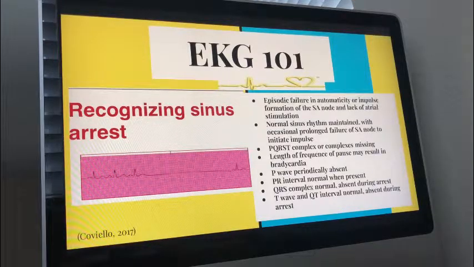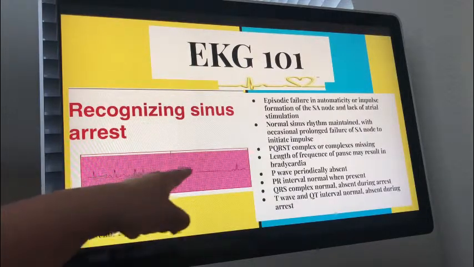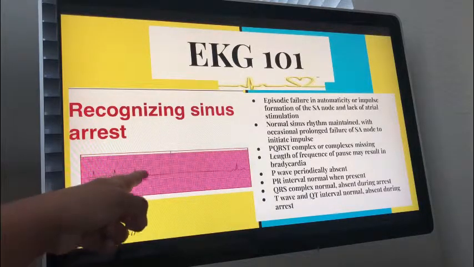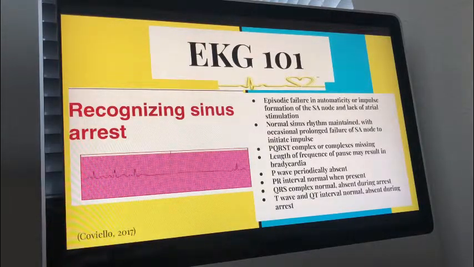This is sinus arrest. It is episodic failure in automaticity or impulse formation of the SA node and lack of atrial stimulation. Normal sinus rhythm is maintained. However, there's occasional prolonged failure of the SA node to initiate impulse. The PQRST complexes are missing.